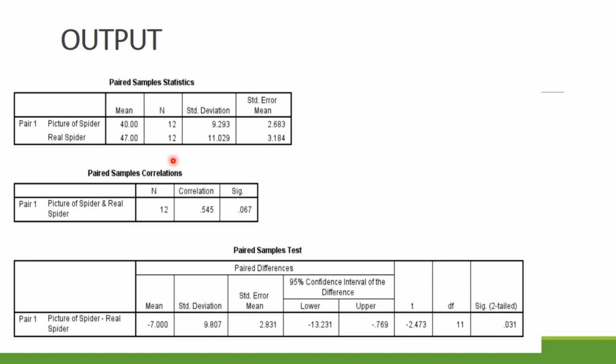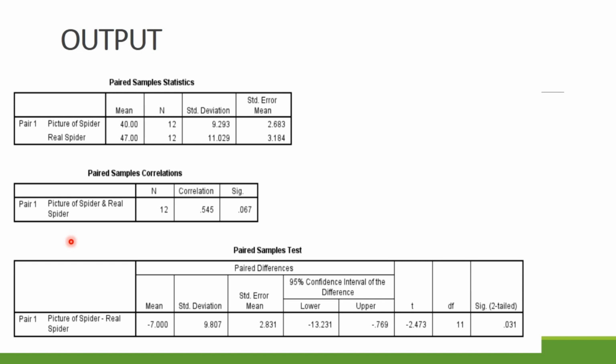We can see that the correlation coefficient 0.545 is fairly large, but the p-value is 0.067, which is greater than 0.05. So that means that the two conditions here are not significantly correlated. But you don't really have to think about that very much, because our focus here is the dependent t-test.